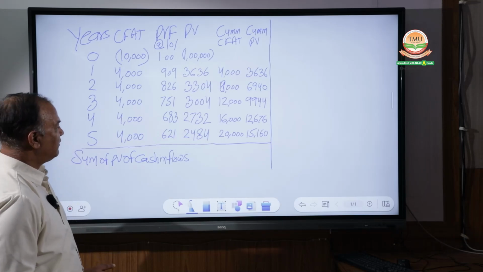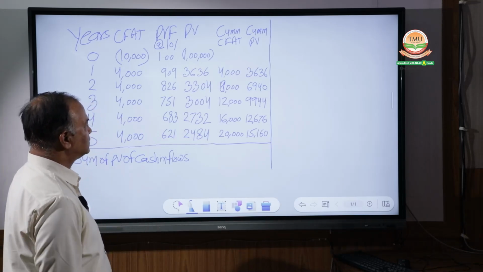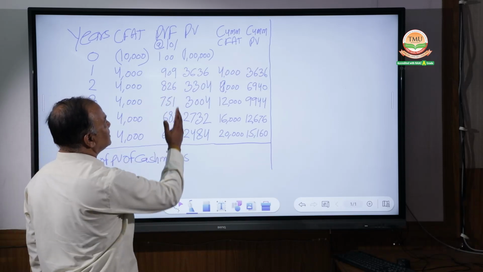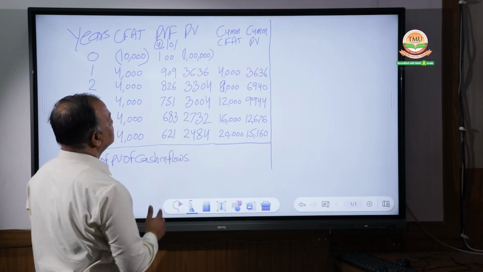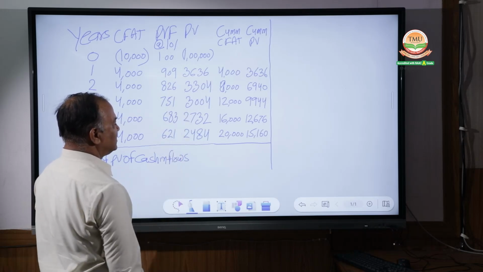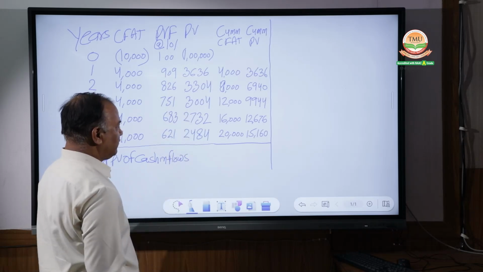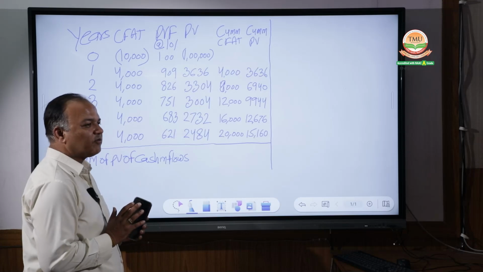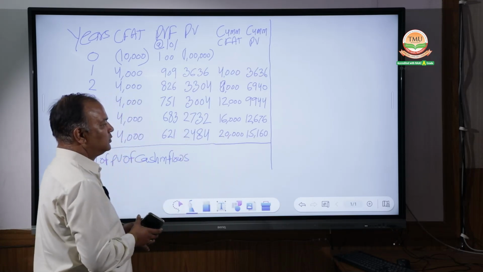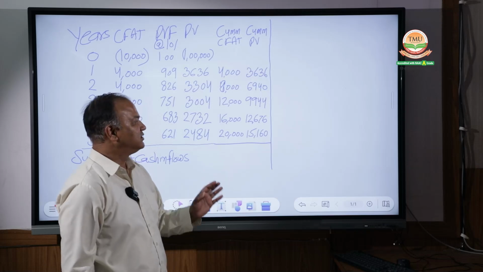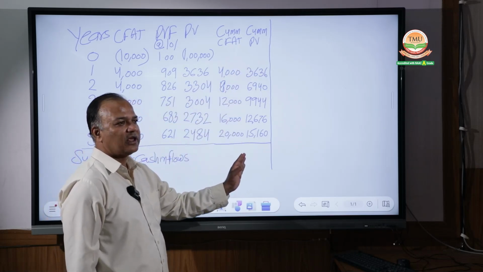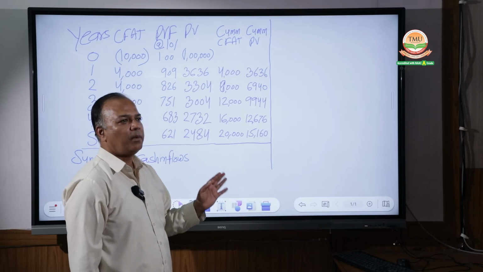If we add 3636 plus 3304 plus 3004 plus 2732 plus 2484, with the calculator it will be 15160. I have done it earlier for calculating discounted payback period.